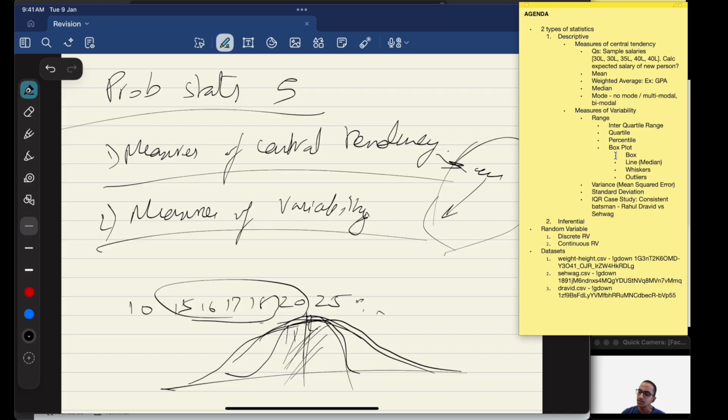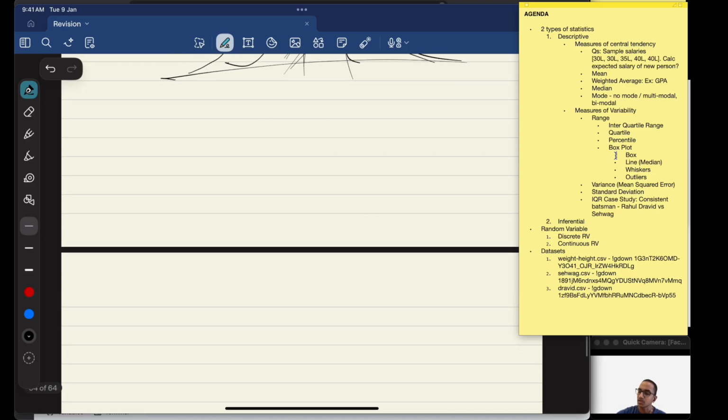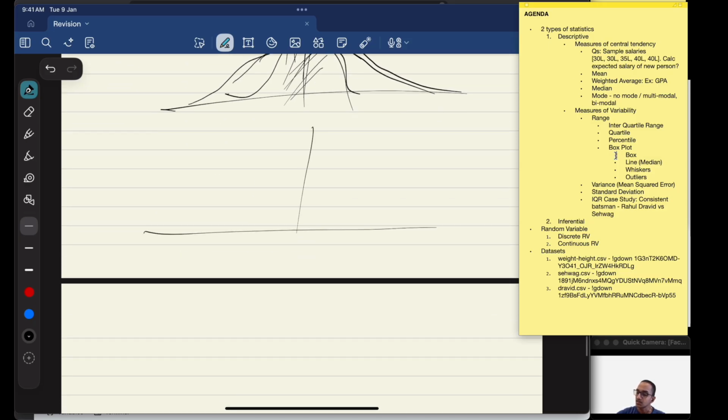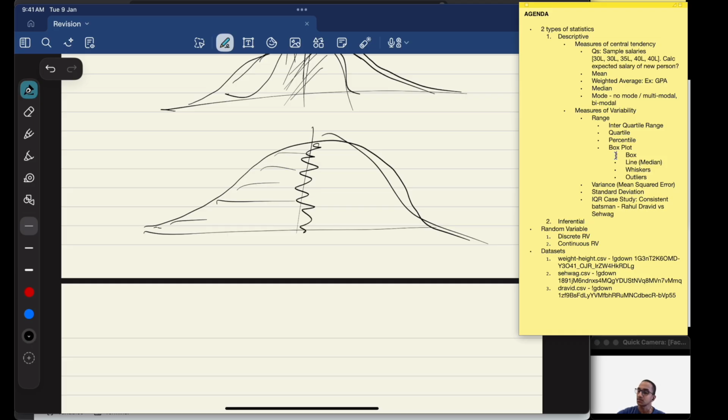So the idea is to find the spread of the data. Like if I take this graph itself, how far away the data points are spread from the mean, right? Basically that's the definition for measures of variability.